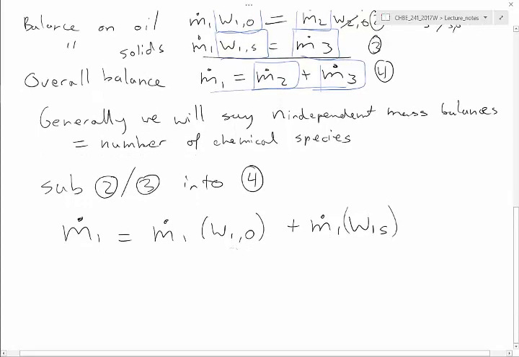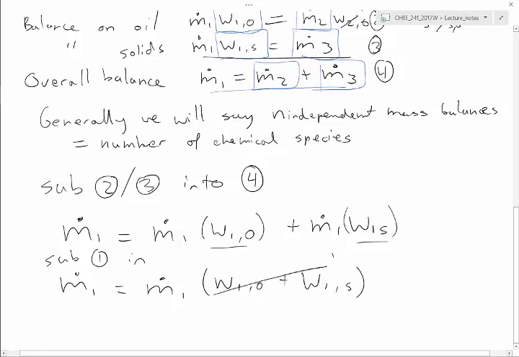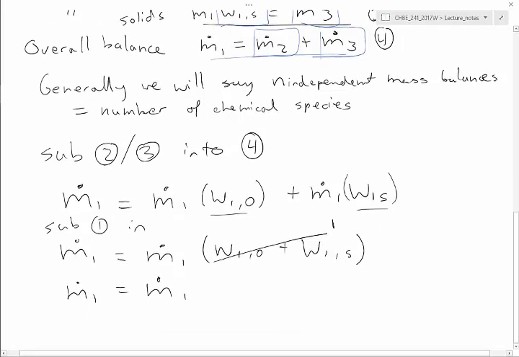And so here in this equation, I still have two unknowns, so I'm going to sub in: M1 equals M1 times W1 oil plus W1 solids, and so these are going to be equal to 1, and then in the end I get M1 is equal to M1, right?